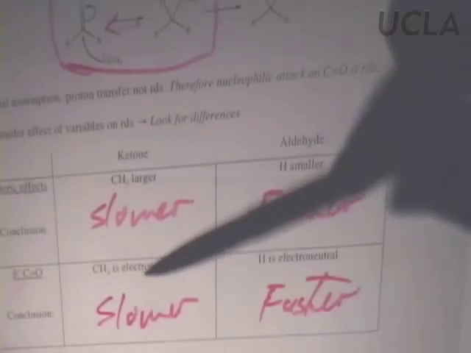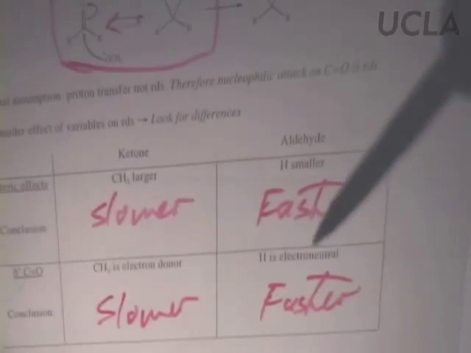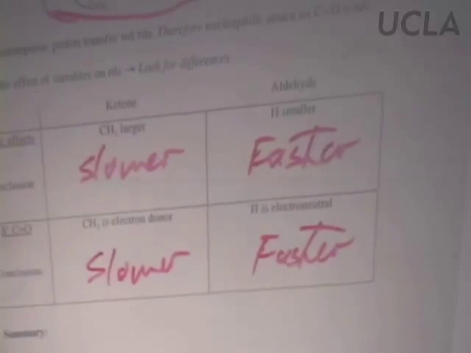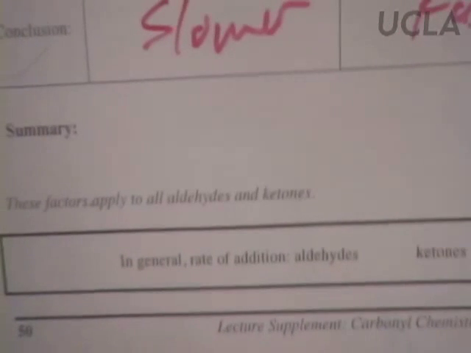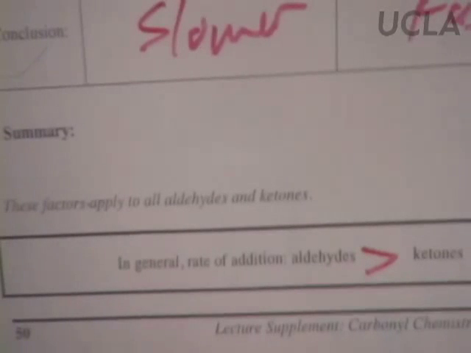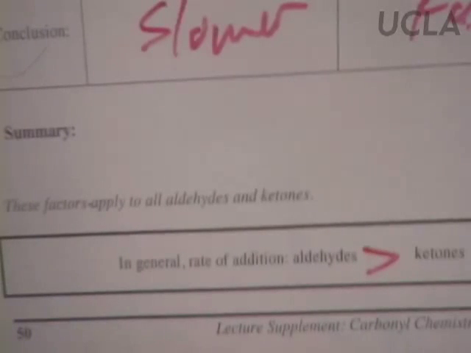Most ketones have a smaller delta plus because they have more electron donating groups than similar aldehydes. So in general, we can expand that idea to all addition reactions of aldehydes and ketones and conclude, in general, the rate of addition for aldehydes, is that going to be faster, bigger, or less than ketones? Bigger. Aldehydes are faster. So again, based upon steric hindrance and the magnitude of the charge on the carbon.